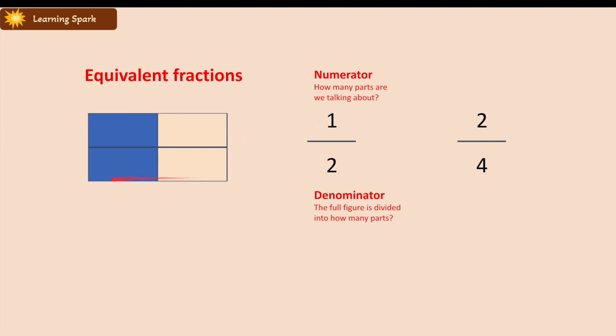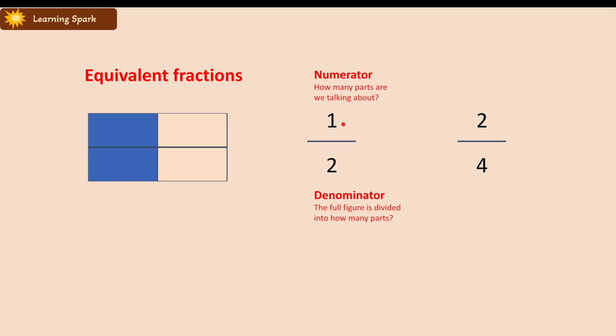This figure remains as it is and the blue shaded piece also remains as it is. The only thing that we have done is divide this figure. That doesn't change anything. So 1 by 2 and 2 by 4 is basically the same thing. That's why we call these two fractions equivalent fractions.